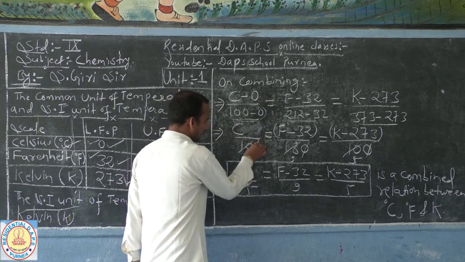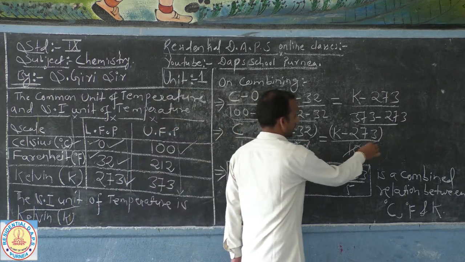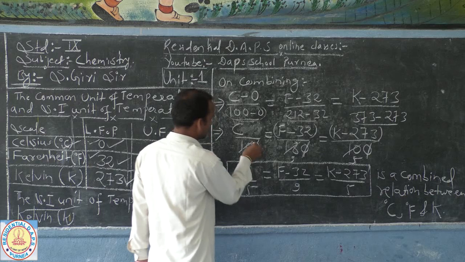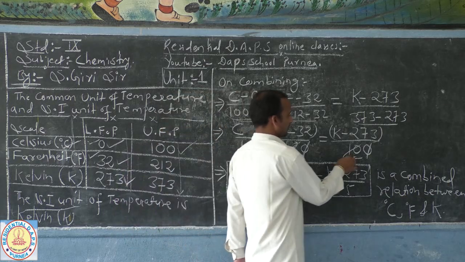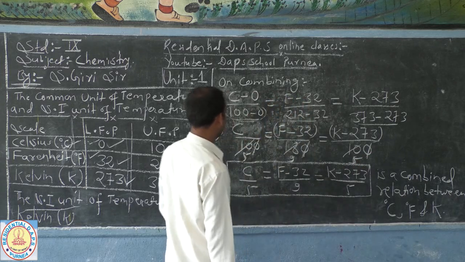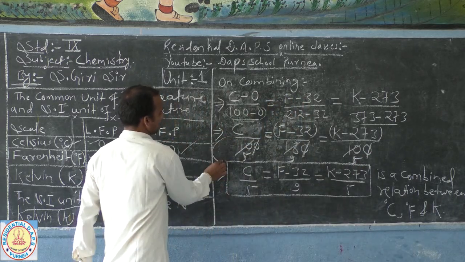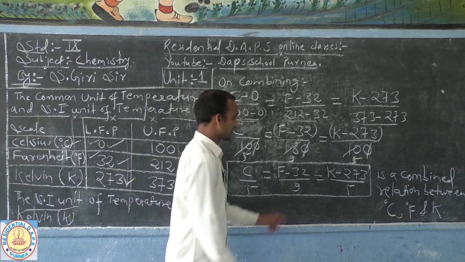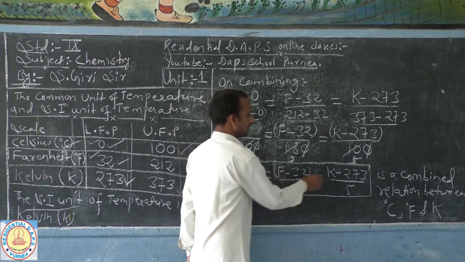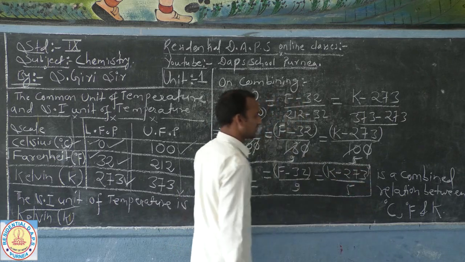Now you may cancel the zeros at first, and here 2 5s are 10, 2 9s are 18, 2 5s are 10. Now finally we get C by 5 equal to (F minus 32) by 9, equal to (K minus 273) by 5.